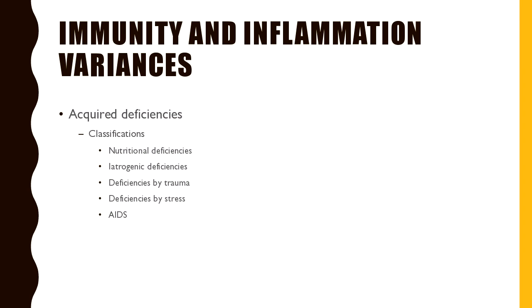So we also have what's called acquired deficiencies. These are classified as either nutritional, iatrogenic, trauma deficiencies, or stress deficiencies. You also have what's called acquired immune deficiency syndrome, which is kind of the catch-all.